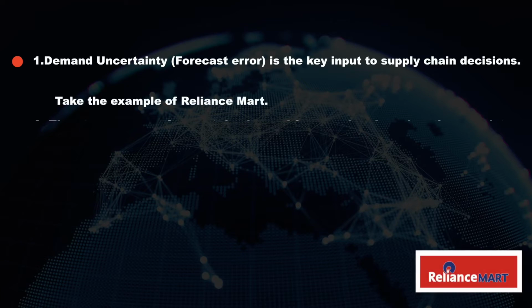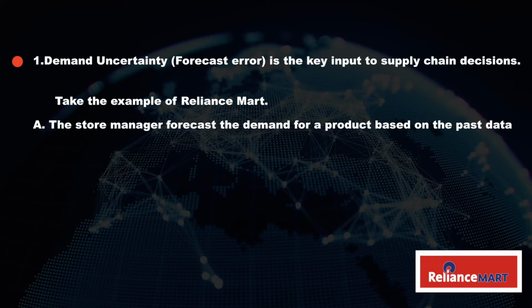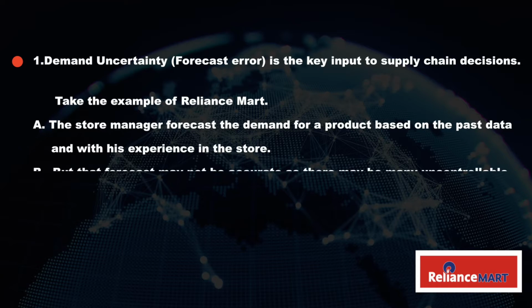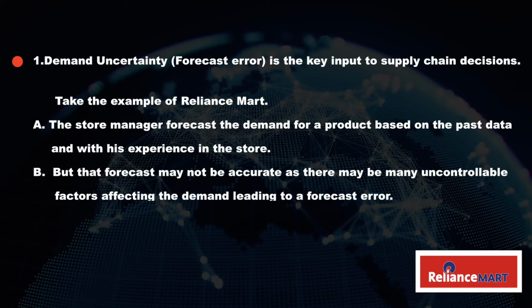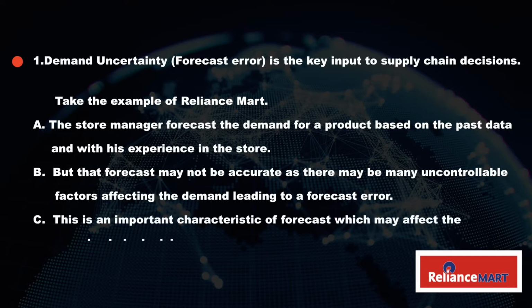The store's manager forecasts the demand for a product based on the past data and his experience in the store. But that forecast may not be accurate, as there may be many uncontrollable factors affecting the demand, leading to a forecasting error. This is an important characteristic of forecast which may affect the supply chain decisions.